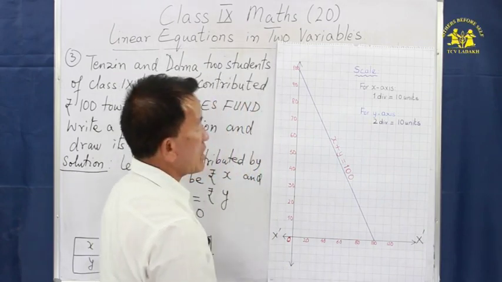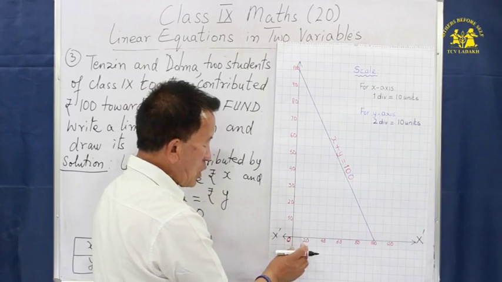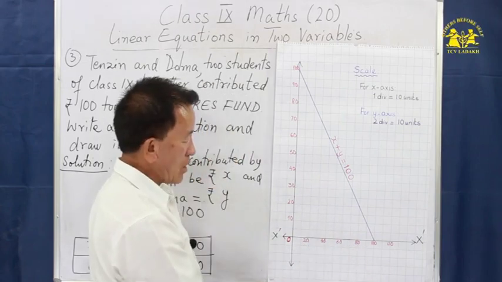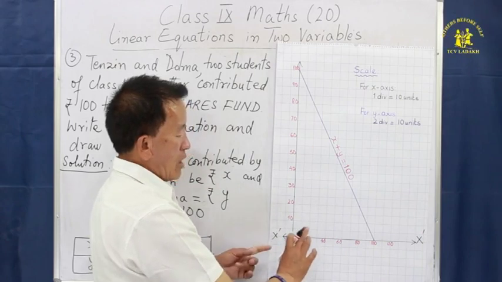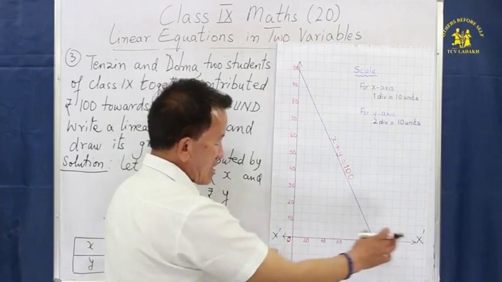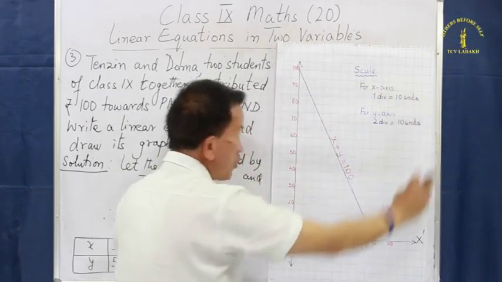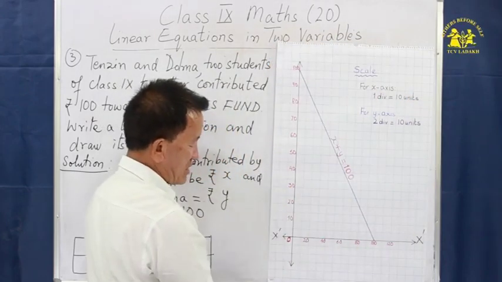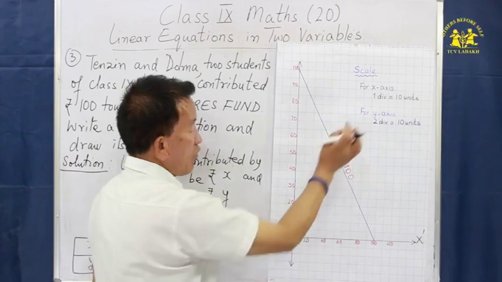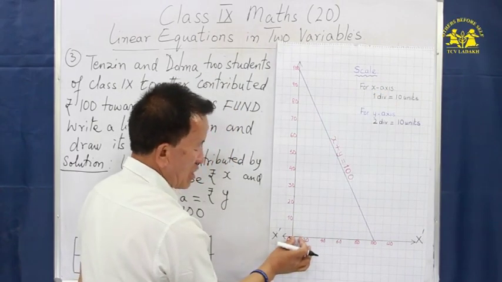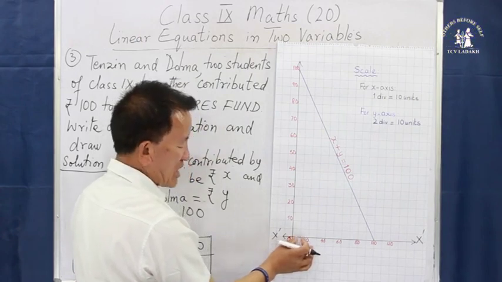And the second one is, if you look at the scale, the scales are different, because the number of divisions in the x-axis and y-axis are different. So in order to make full use of the graph, for the x-axis, for each division, I've taken 10 units.